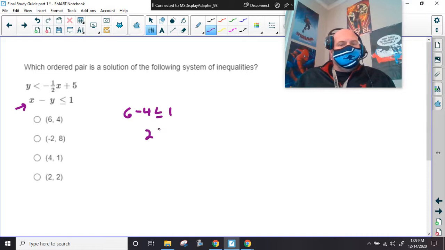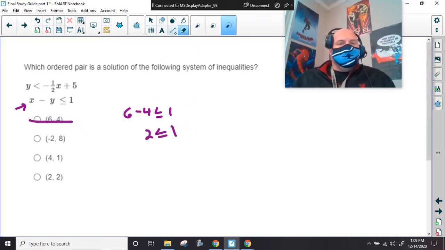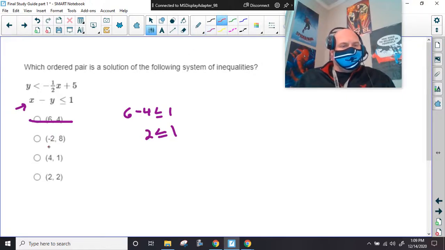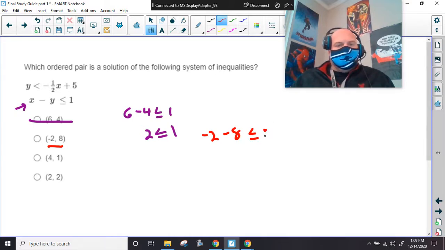Yeah, no. 2 is not less than 1, so this one's not it. So let's try another one. Let's see. Negative 2 minus 8 less than or equal to 1. Yeah, this is negative 10. So that works. So let's try it right here.